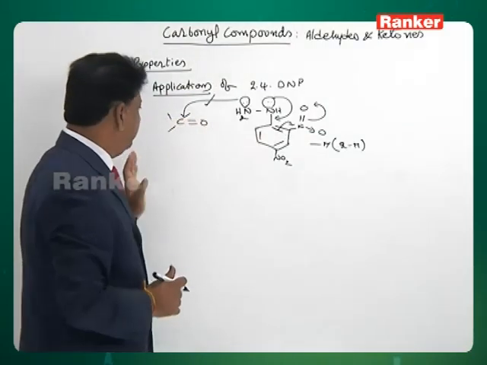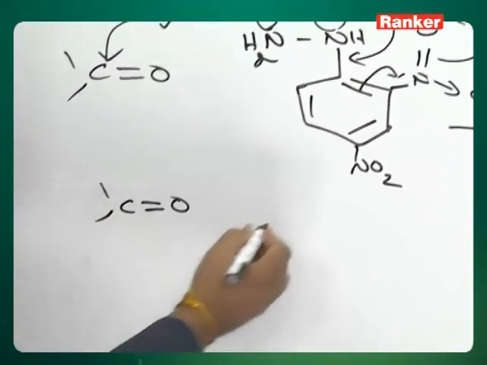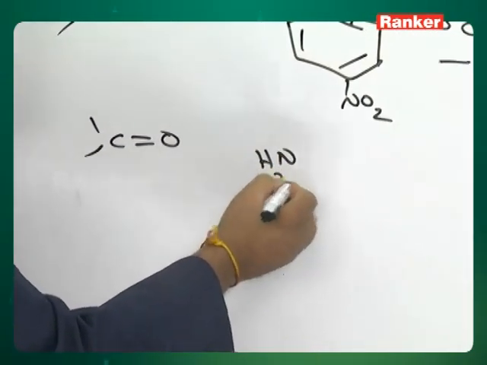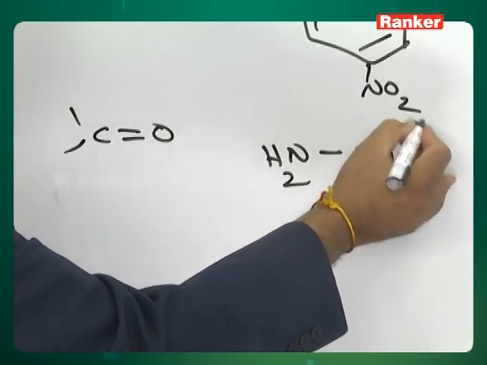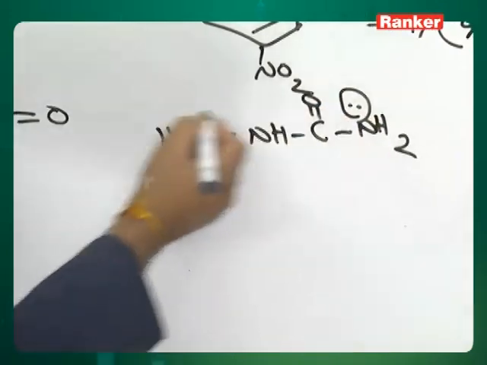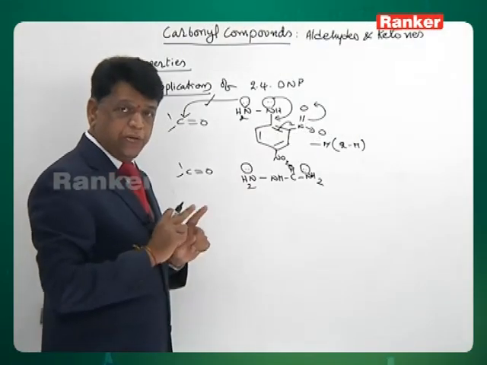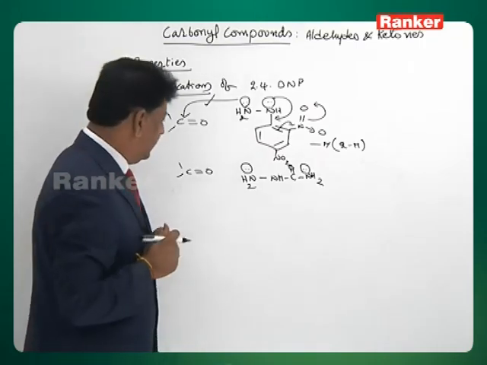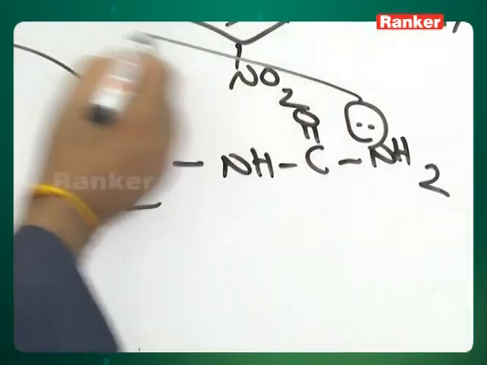That is the significance. Similarly, in semicarbazide also, we have 2 NH2 functions: NH2, NH, C double bond O, and NH2. Here also there is one lone pair, and here is also a lone pair. Both the NH2 sides could attack. Now, to a carbonyl compound, will this attack or will this attack?